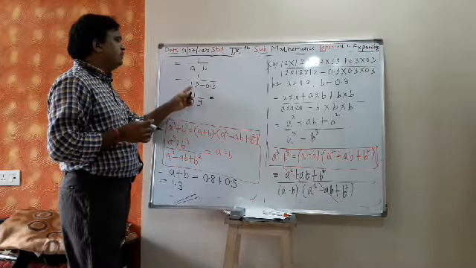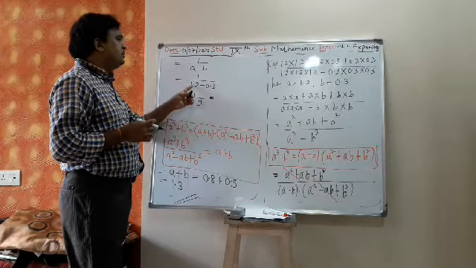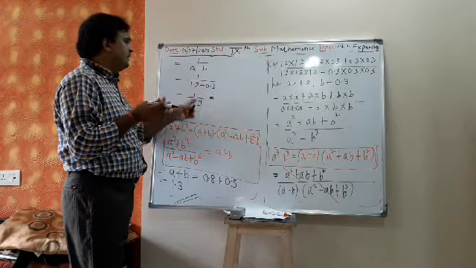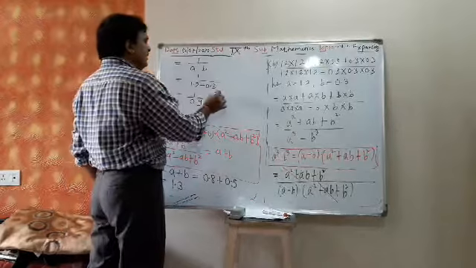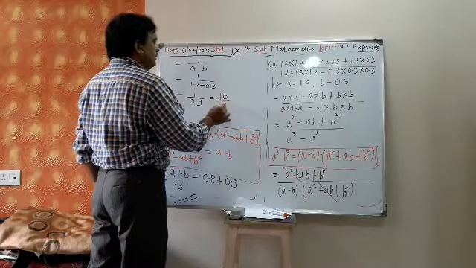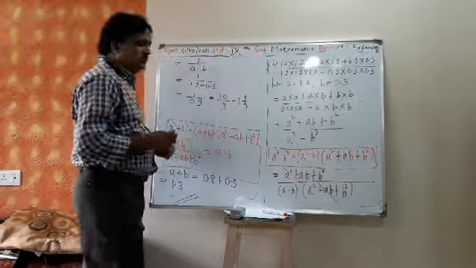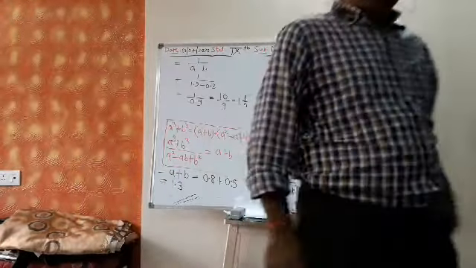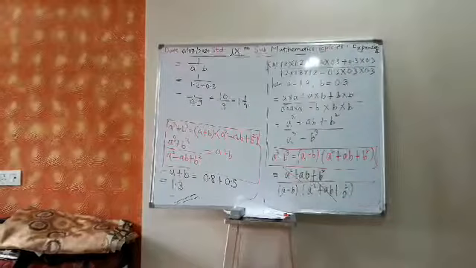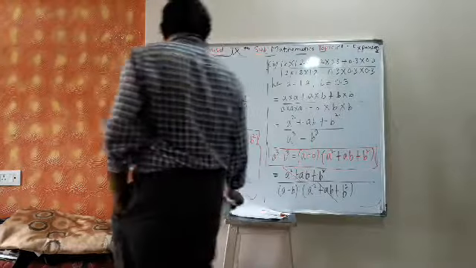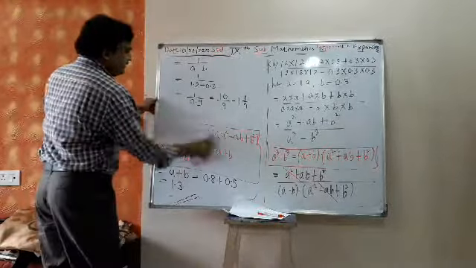It is plus, since 1.2 is bigger, so the answer will be plus. You can write 10 upon 9, or you can write 1 and 1 upon 9. Is it clear? And this is the answer.